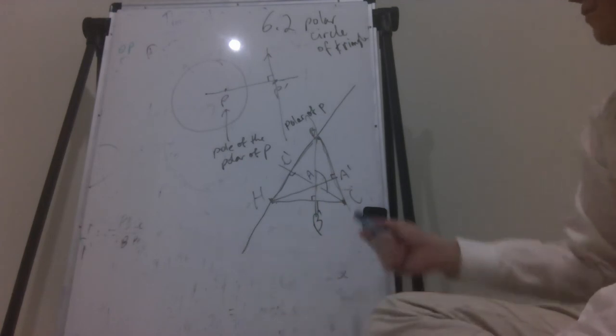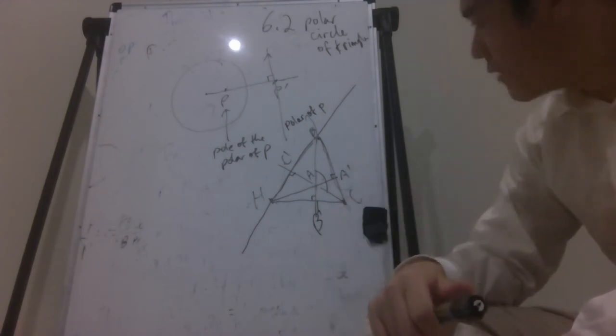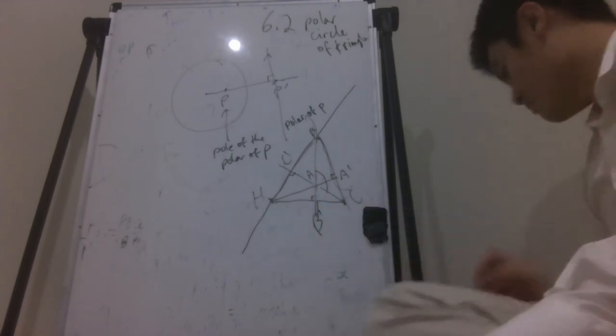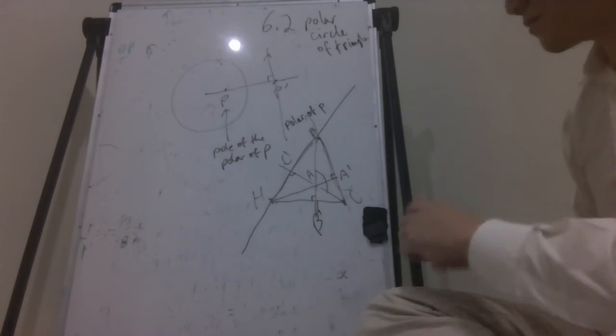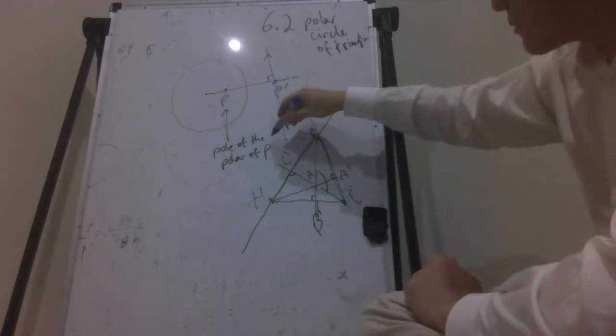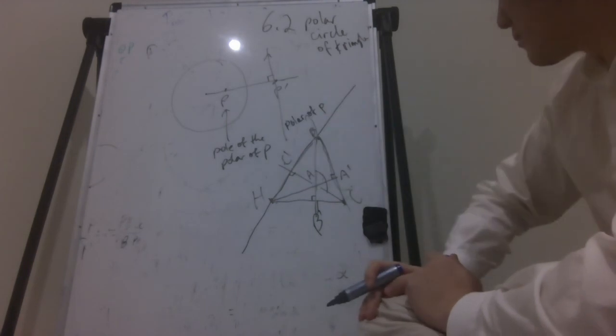So here we have an obtuse triangle, and there's a circle about H. That's weird, C is in the wrong place.